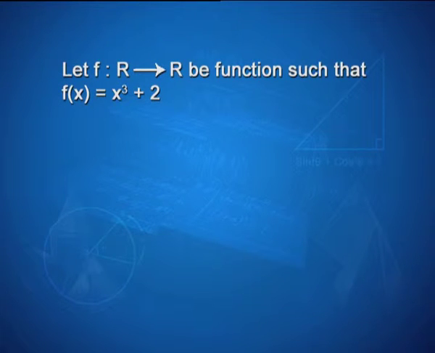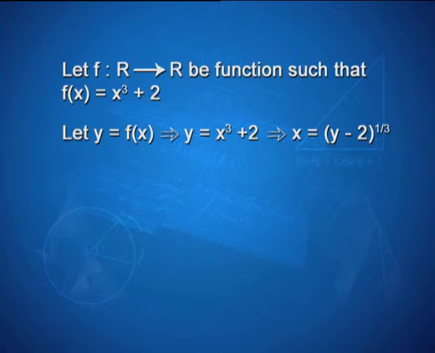Let f be a function from set of real numbers to real numbers such that f(x) equal to x cube plus 2. So, to prove the function is onto, let us take y equal to x cube plus 2. Now, we find value of x in terms of y. We can take x cube is equal to y minus 2, x is given by (y minus 2) to the power 1 by 3.